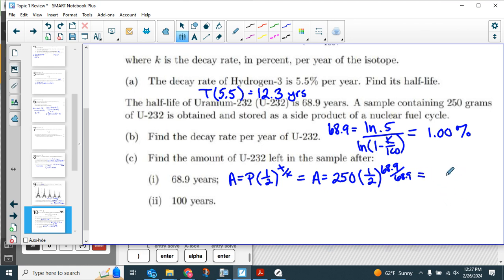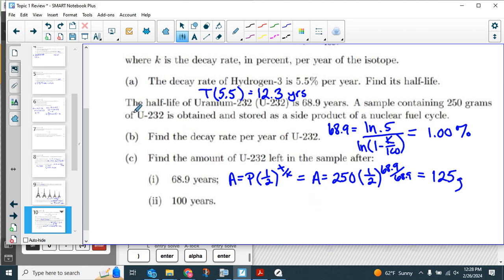How much should be left when half of it's gone? 125 grams, that's half of 250. It says it has a half-life of 68.9 years. That's how long it takes for half of it to decay. So if we wait exactly one half-life, we should have exactly half of it left.